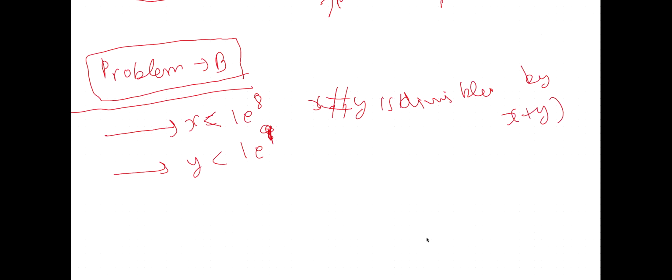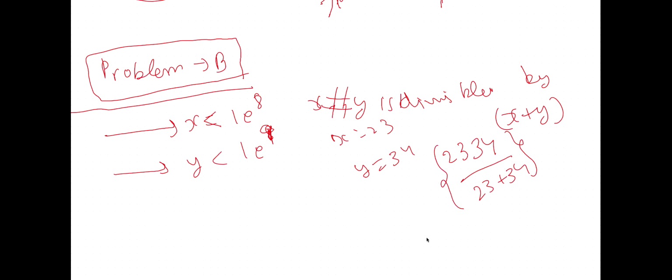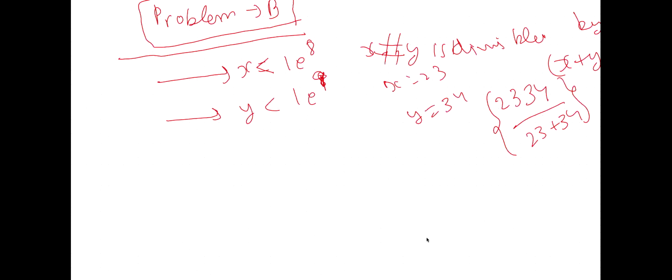And what is x hash y? It's basically the concatenation of x and y. Let's say x is equal to 23, y is equal to 34. So they are saying that 2334 must be divisible by 23 plus 34. That's what the question is saying. Nothing less, nothing more. So how would you go about this?